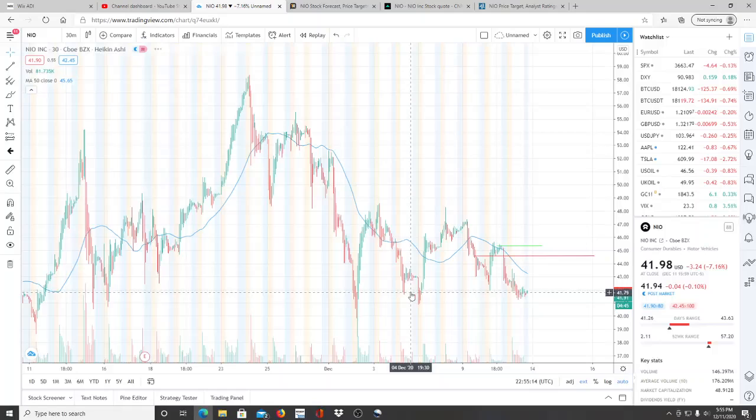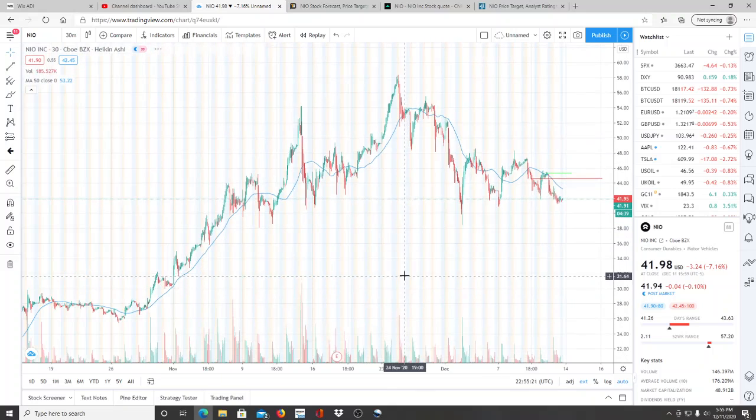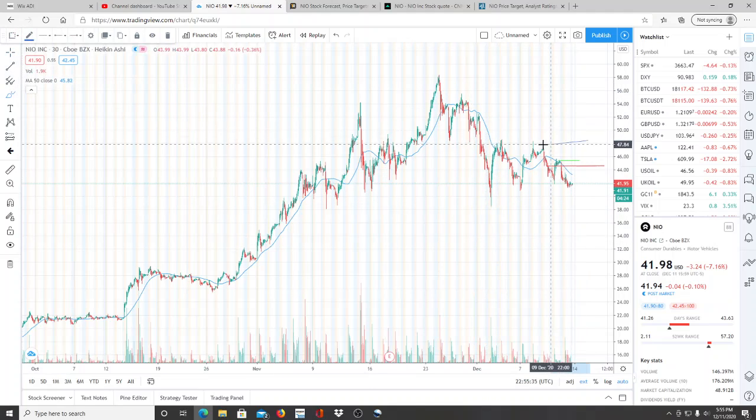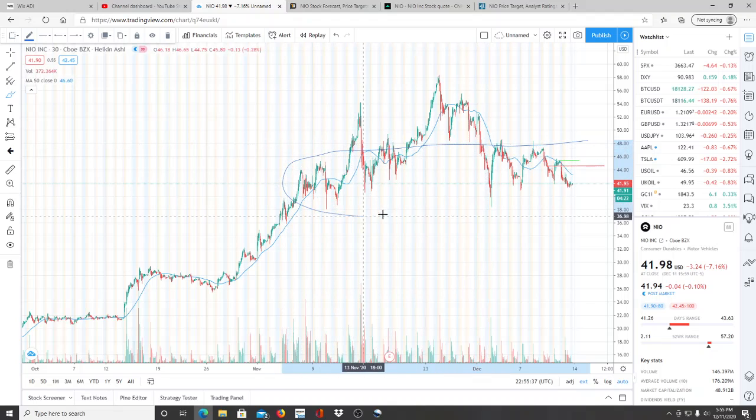So here we are with NIO, and I'm doing this analysis a little bit more than just looking at the chart. I want us to look at some different things, and I'm actually zooming out. A lot of people have been asking about the possible head and shoulders that has been forming, and when you look at it, it has leveled off in this area that I keep mentioning, but I see it working its way down to newer lows every single time, and that's right now making it quite a concern.